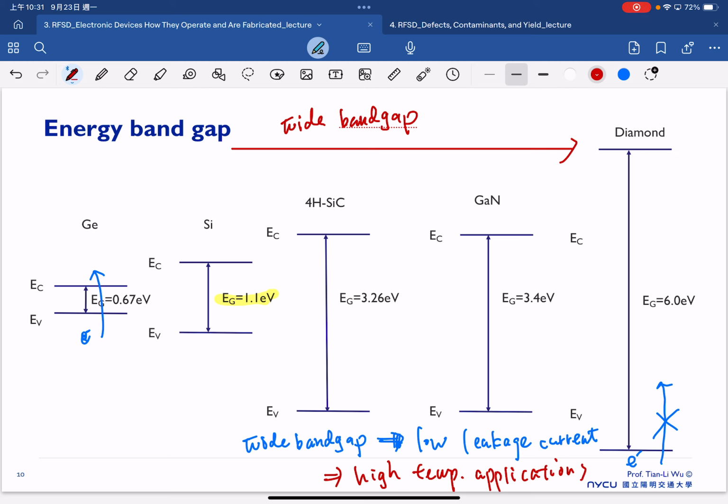So now, I believe with the introduction of the band gap concept, we start to correlate it with our daily experience of a material. For example, this is very consistent with what we expect for diamond. If you look at a certain dielectric, for example silicon dioxide, it has a band gap of more than 9 electron volt.